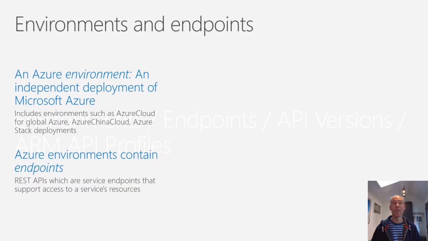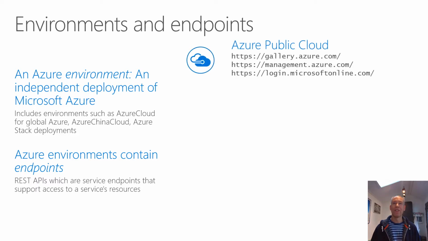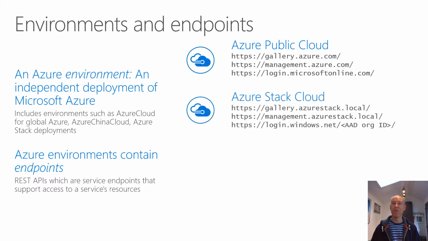So here are a few things to think about as you're building your application. The endpoints: you need to point the different parts of your solution to Azure Stack and Azure. Each will have its own endpoint. Each is an independent deployment of an Azure cloud. In the public cloud, you've got the normal places that you go to connect to.